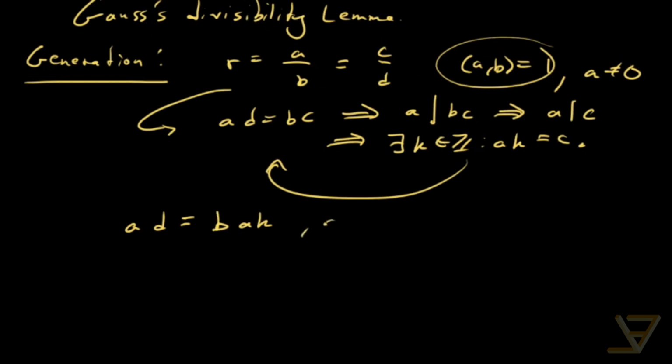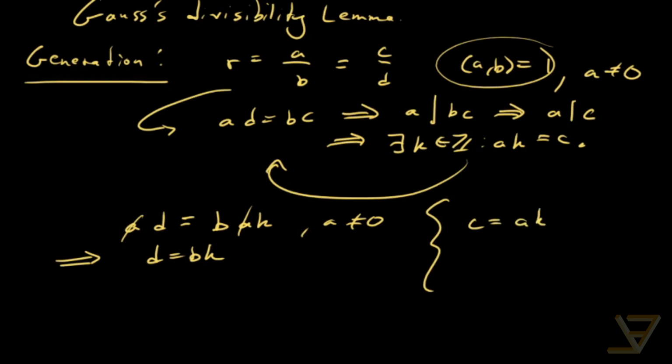And since A is not 0, we can cancel out the A's and get D is equal to Bk. So what that means is that C is equal to Ak and D is equal to Bk.